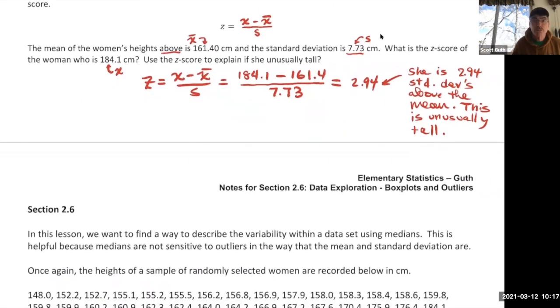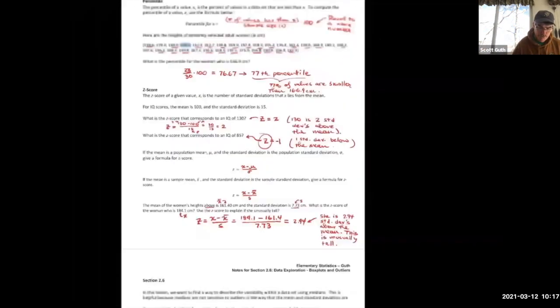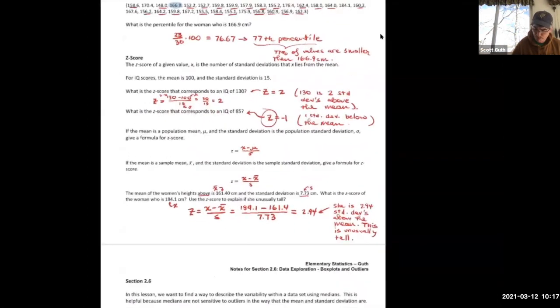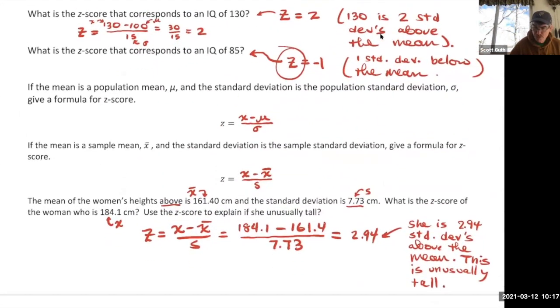Any questions? That was quick, great. So that's all we do for section 2.5. It's real simple. Measures of relative position, and there's only 2 really.